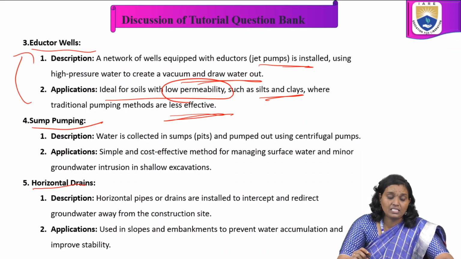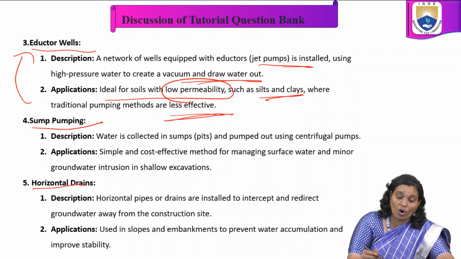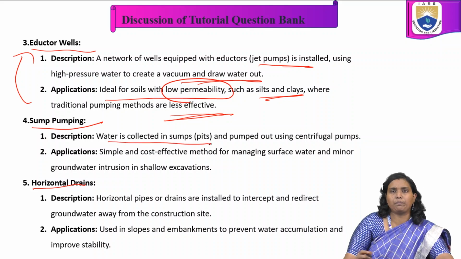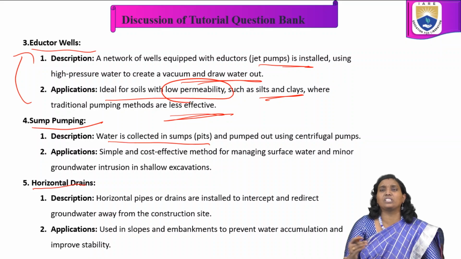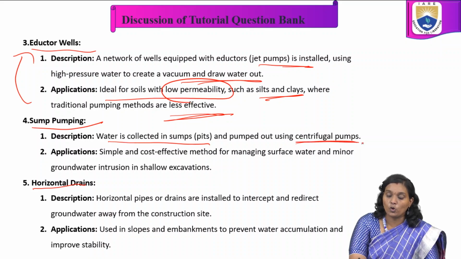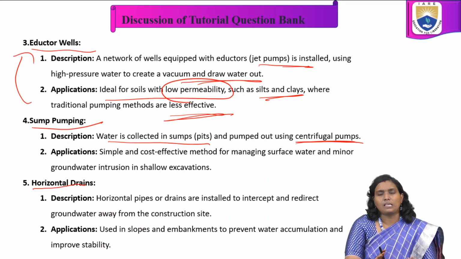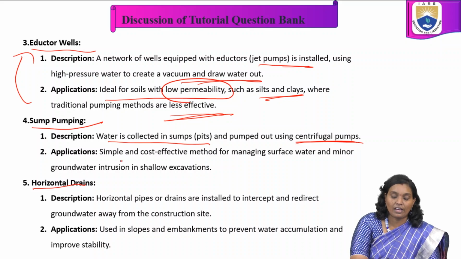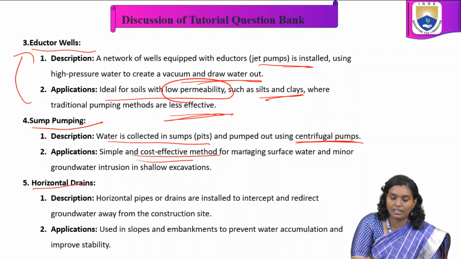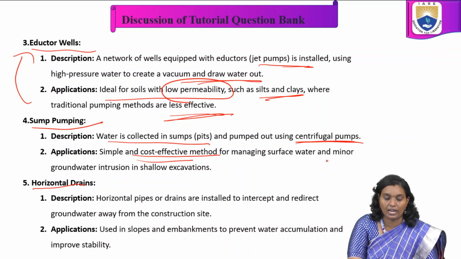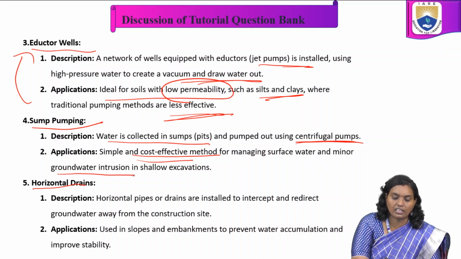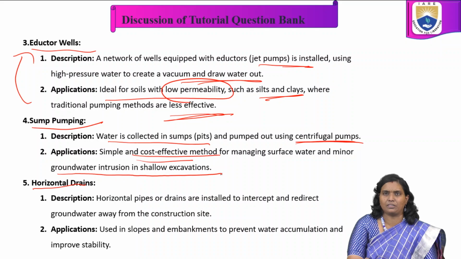The other method is sump pumping. In sump pumping, water is collected in sumps, in pits, and pumped out using centrifugal pumps. It is a simple and cost-effective method for managing surface water and minor groundwater intrusion in shallow excavation.